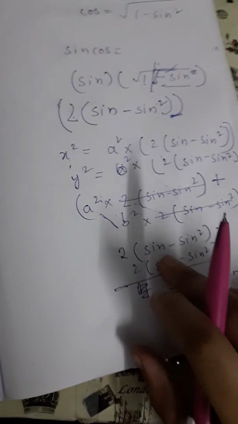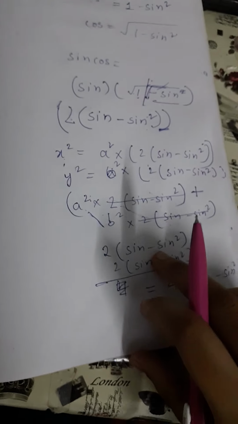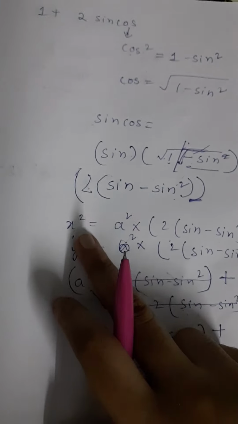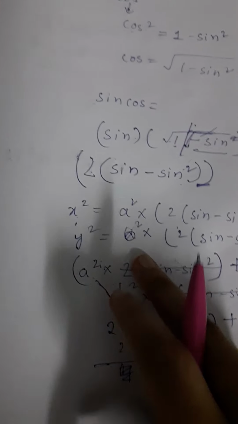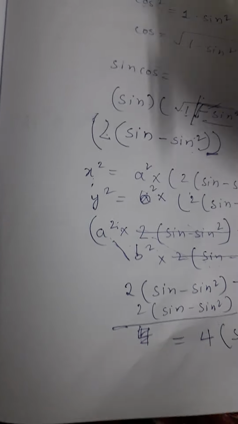It is 0. So it is also twice of (2 sine minus sine squared). So the value is 0, right? If you want the value of 2 into (sine minus sine squared), then you can divide the 0 by 2 and the answer is 0. So we can also say that x squared equals a squared and y squared equals b squared, and x squared plus y squared is obviously equal to a squared plus b squared.